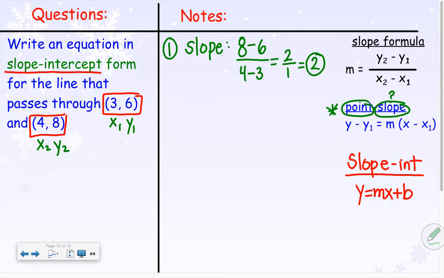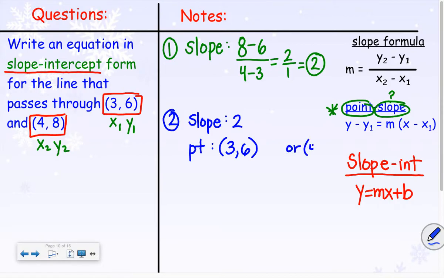So my second step, I'm going to take my slope, which was 2, and I'm going to take a point. With a point, you only need one of them, and we have 2. You can choose (3, 6) or (4, 8). So let's just choose (3, 6), but you could do (4, 8).